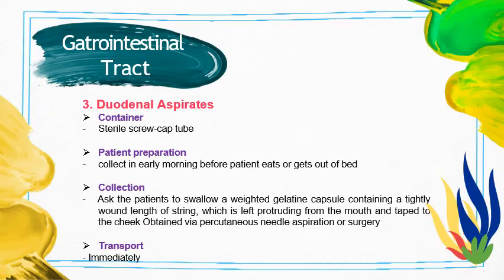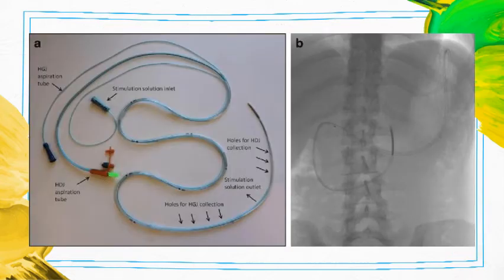For patient preparation, collect in the early morning before the patient eats or gets out of bed. For the collection, ask the patient to swallow a weighted gelatin capsule containing a tightly wound length of string, which is left protruding from the mouth and taped to the cheek, or obtained via percutaneous needle aspiration or surgery. The transport is immediate. Here is a sample of the gelatin type.